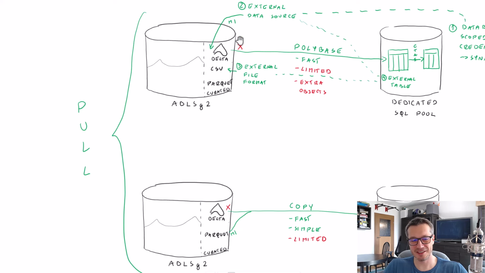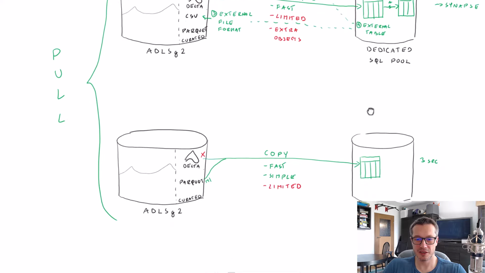Sometimes it is fine, but maybe you want to plug your process of loading data to Dedicated SQL Pool into your existing orchestration. So maybe, for example, you used Data Factory to orchestrate ingestion and transformation, and you would like to use an ADF pipeline to push the data to SQL Pool. So let's see if that will work.